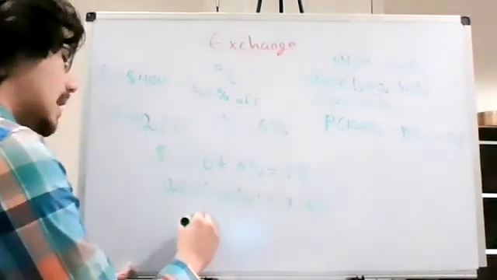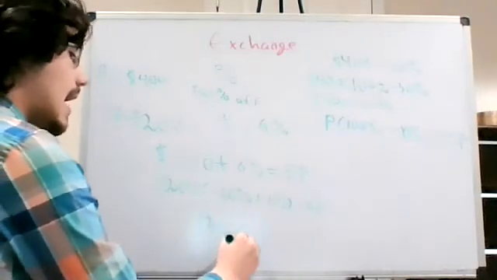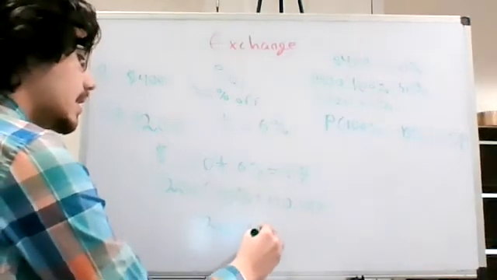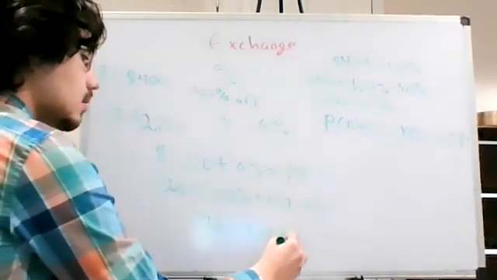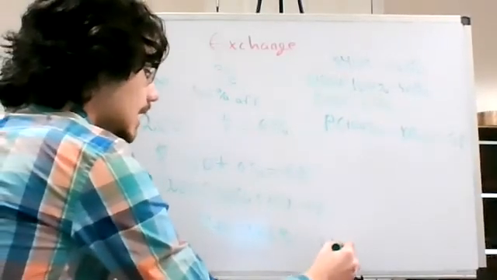So in other words, it is $200 at 100% plus 6%. So that would be 106% to get our final price of $212.